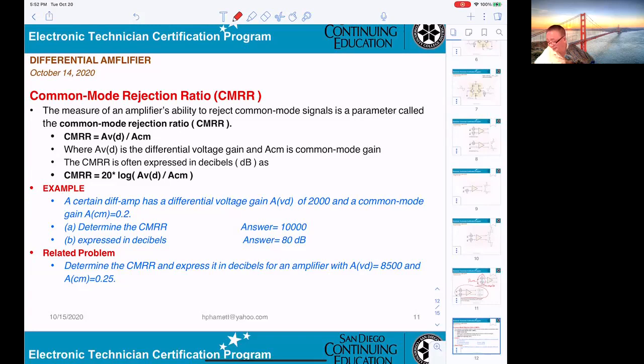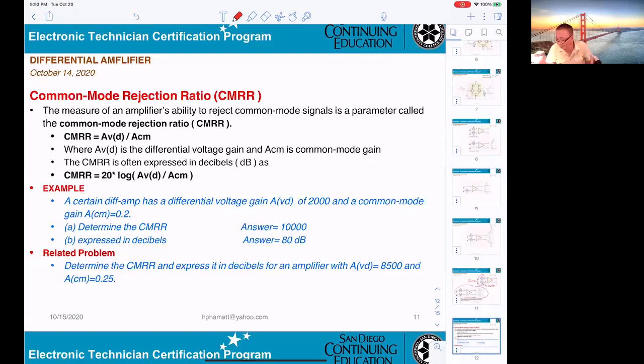Also, it can be expressed in decibels, and the formula is 20 log of AVD divided by ACM. Mr. Pham, did you say the ACM is noise? Right, common mode means the noise. The thing is, the noise also gets gain.